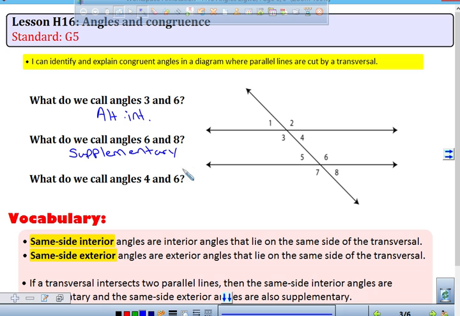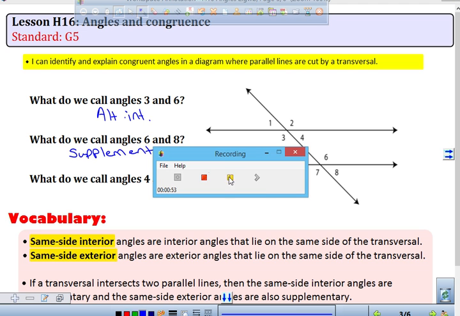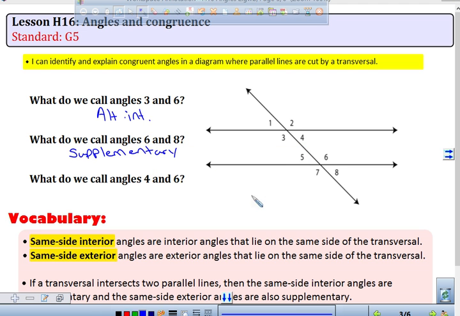Angles 4 and 6. Ooh, we haven't talked about 4 and 6. Anybody know what angles 4 and 6 are? They don't alternate, right? Not corresponding, because corresponding is the same spot. So 6 and 2 would be corresponding.